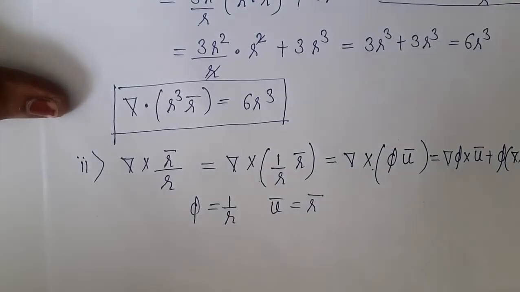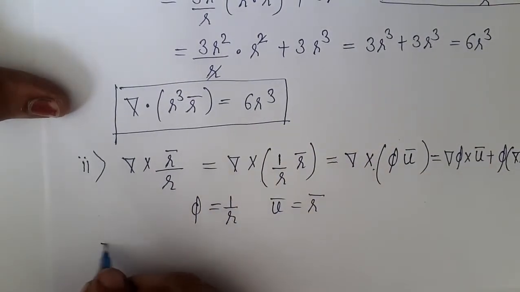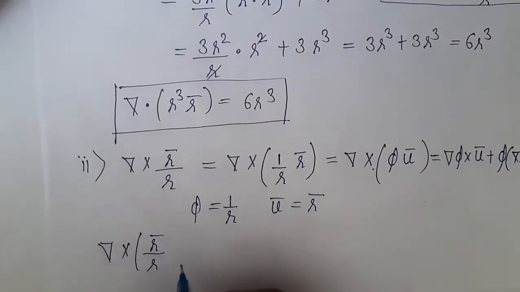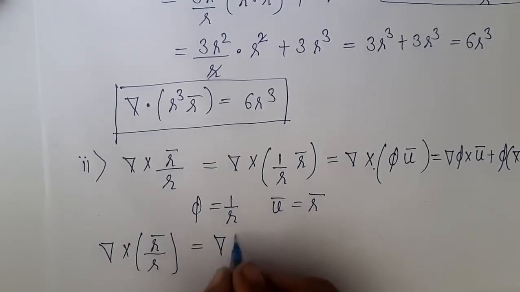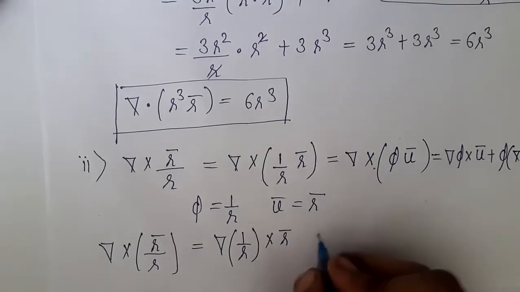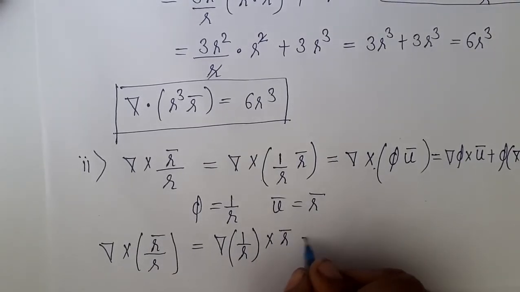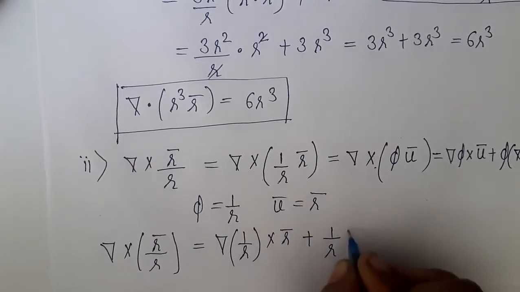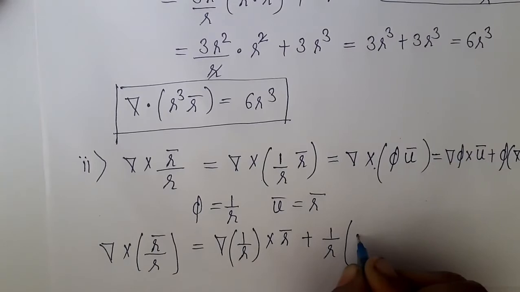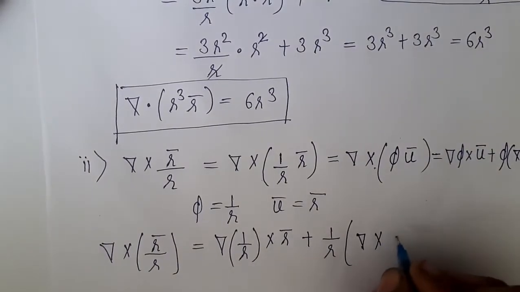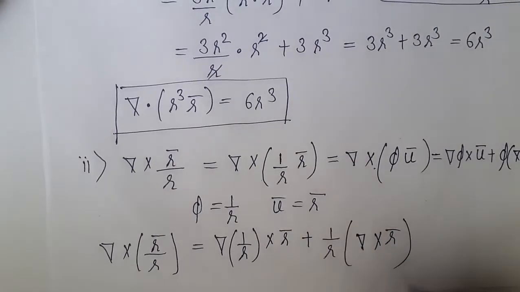Substituting both values, del cross vector r divided by r is equal to del of 1 by r cross product with r bar, plus 1 by r as it is, del cross r bar.